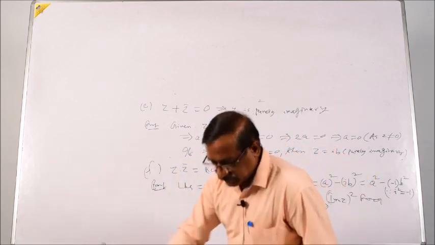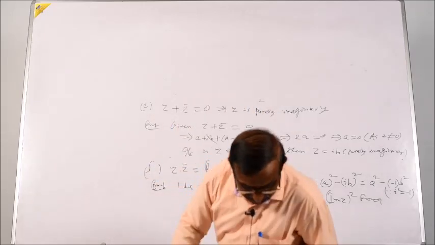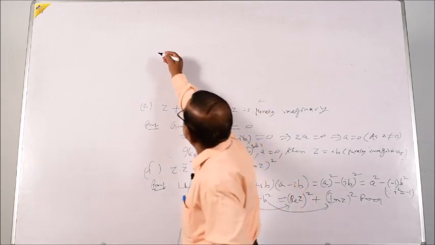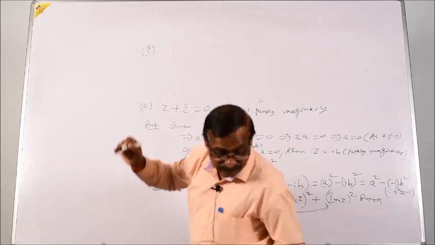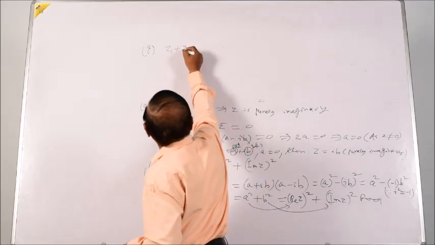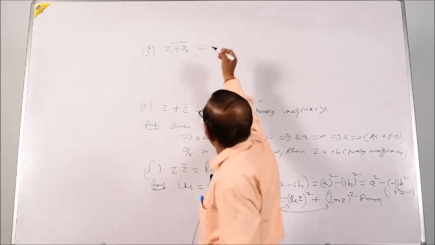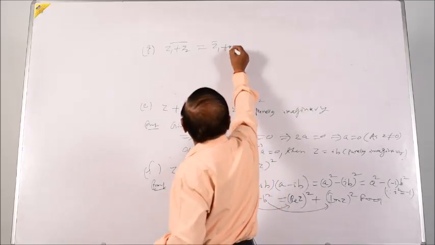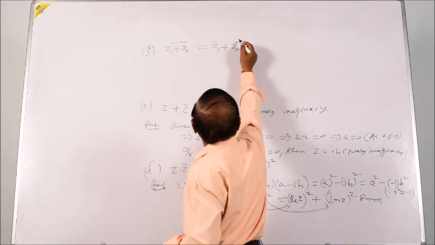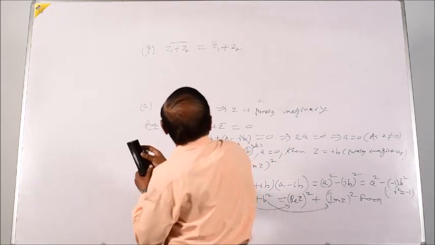Thank you. Now, let us go to another property. z1 plus z2 whole bar is equal to z1 bar plus z2 bar.